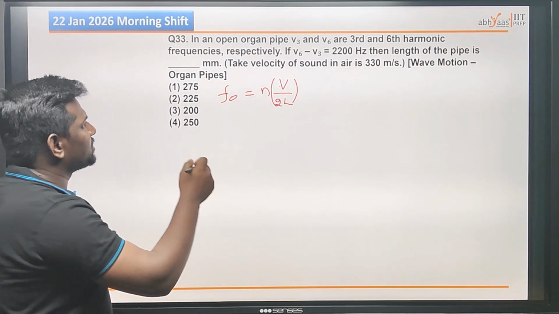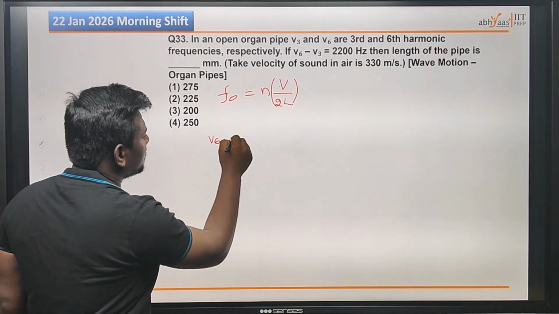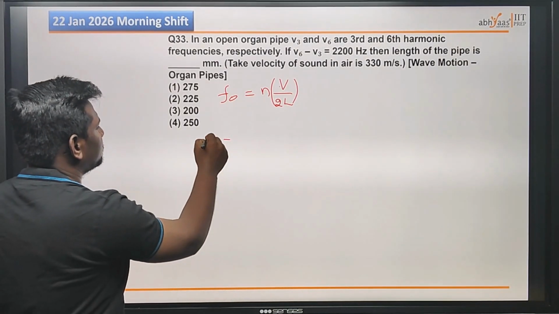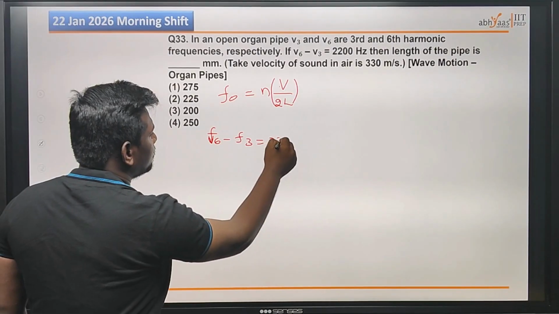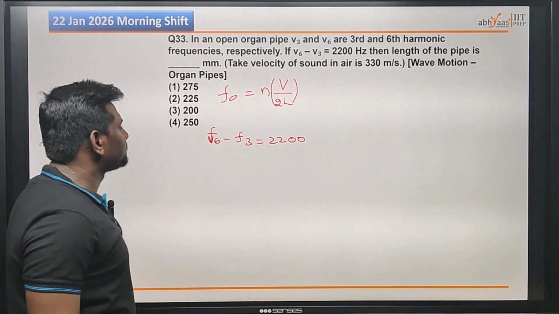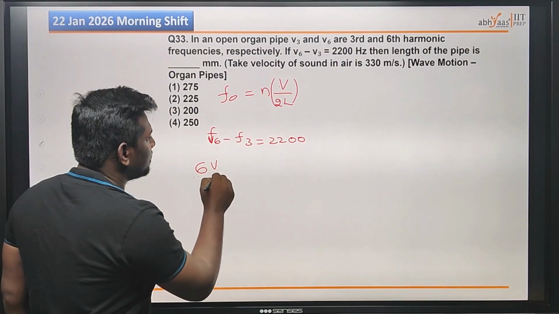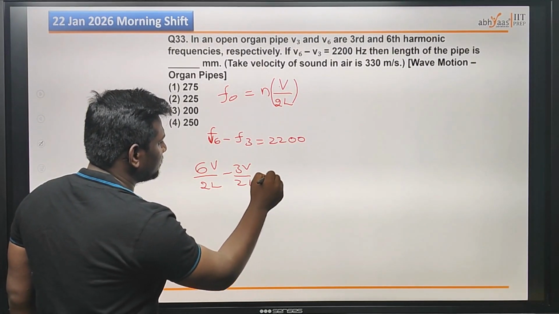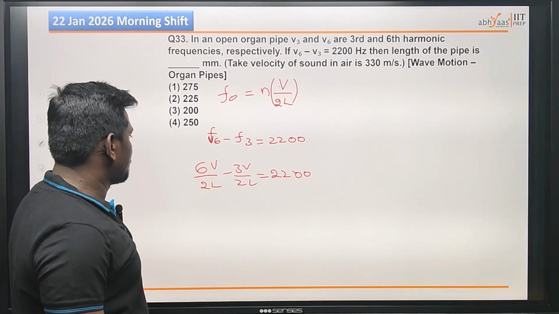So the difference between V6, what is V6? V6 minus frequency, or you can say F6 minus F3 equals 2200. F6 can be written as 6V by 2L minus 3V by 2L, that is nothing but 2200.